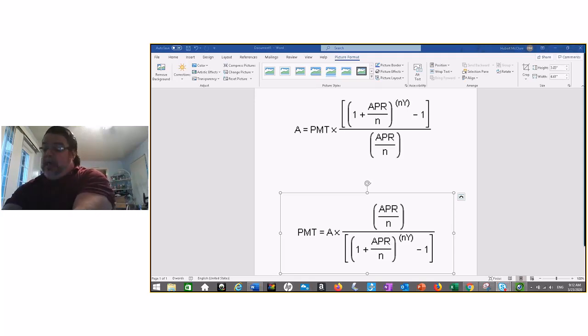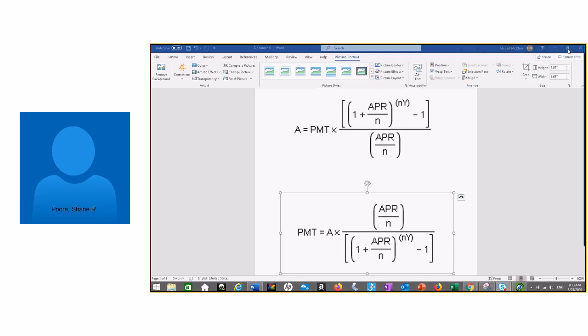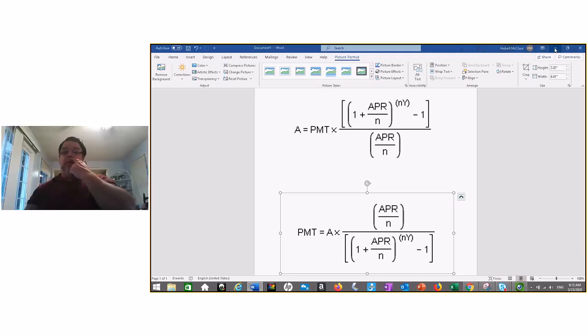So A is equal to the payment times 1 plus R over N raised to the NT power minus 1, over R over N. Okay, so there's that formula, and I'm going to go back to my screen. It's kind of rough when the background is white. There we go.